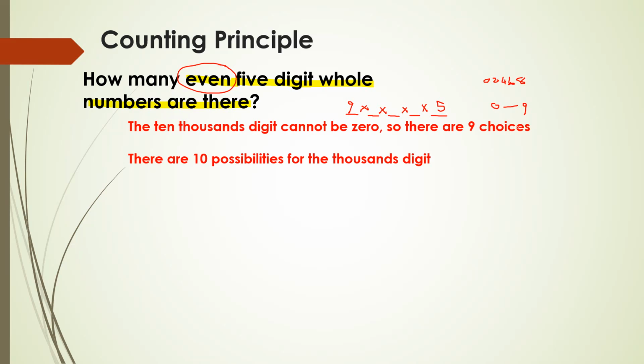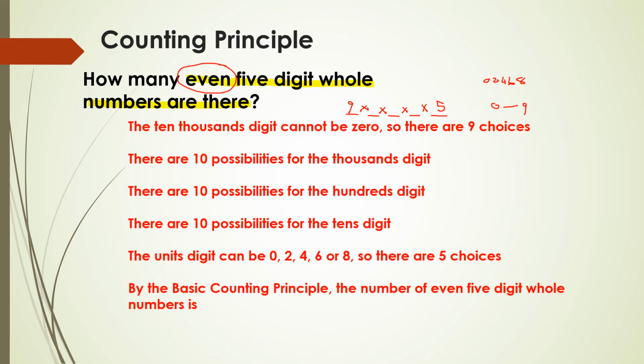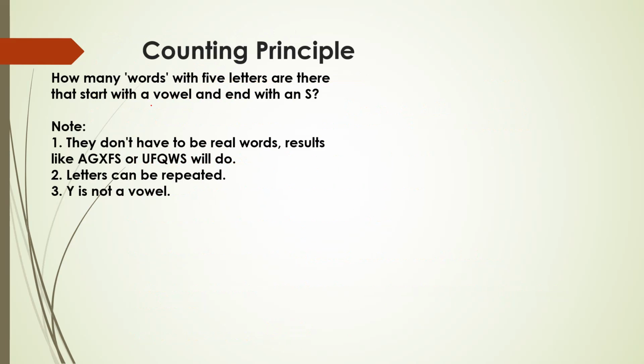There are 10 possibilities for the thousands, 10 for the hundreds, 10 for the tens, and then only 5 choices for the units. Okay, so by the counting principle, look at that. There's 45,000 choices to be made. 45,000 even 5-digit whole numbers that we can make up.